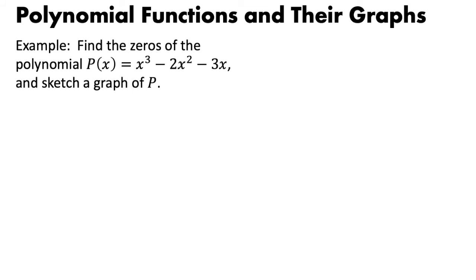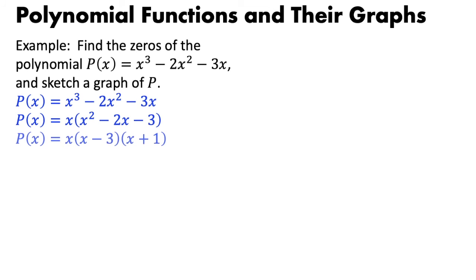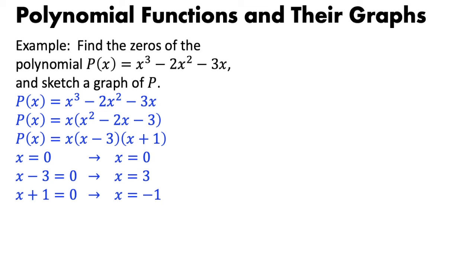So here is an example where we want to find zeros of the polynomial and sketch the graph of the polynomial. First, we factor the polynomial and get x times x minus 3 times x plus 1, and we can find the zeros to be 0, 3, or negative 1.